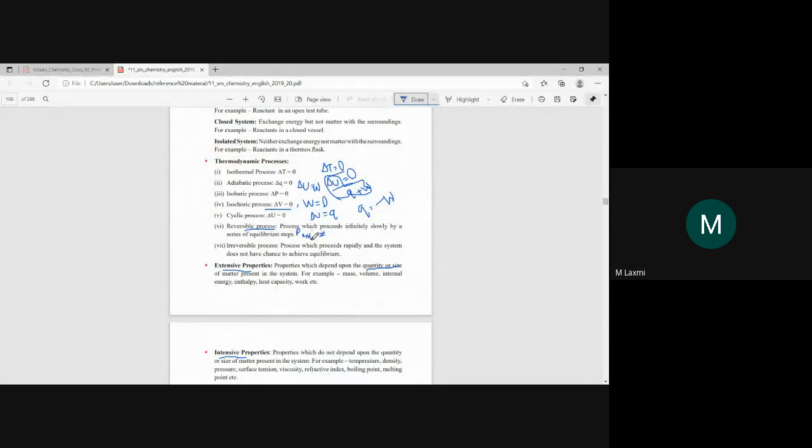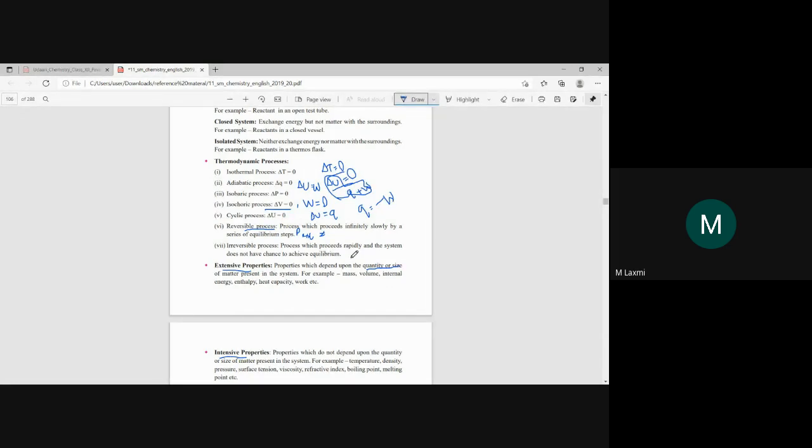It won't be constant, so you will be getting an exponential graph here. Under an irreversible process, my external pressure will be constant, and here I will be getting a rectangular graph.